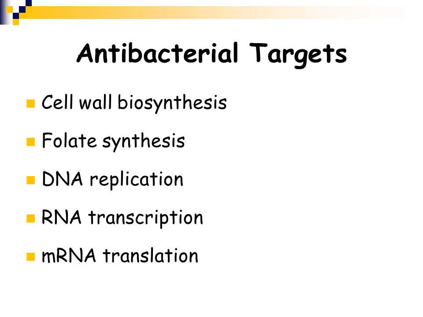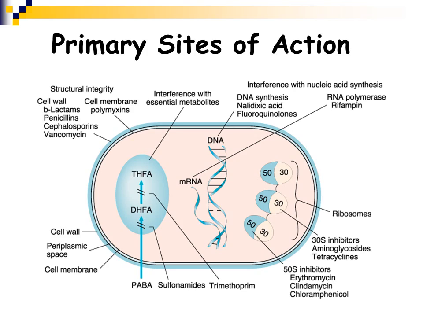So some of the antimicrobial agent targets are cell wall biosynthesis, folate synthesis, DNA replication, RNA transcription, and messenger RNA translation. So here's just a schematic showing all of these different sites that our antimicrobial agents go after.